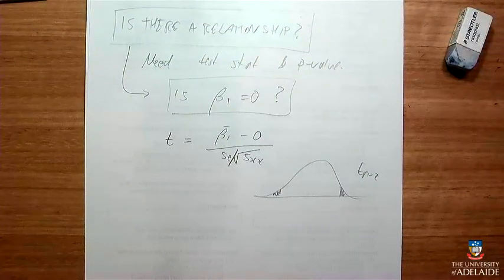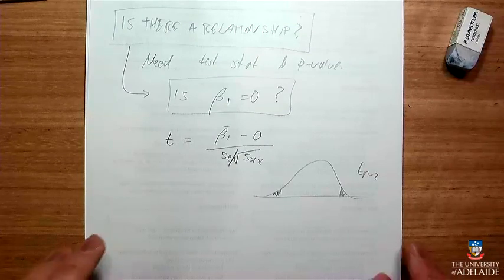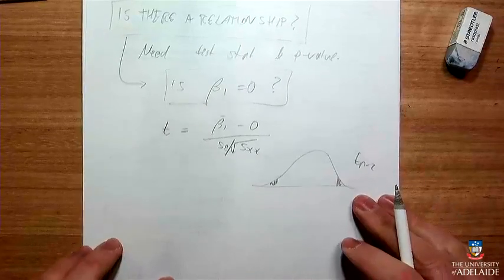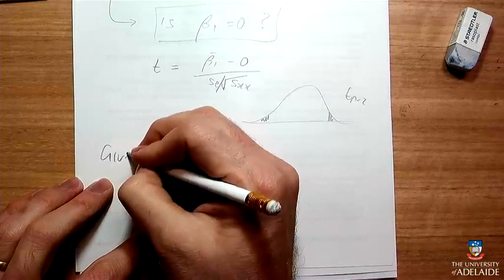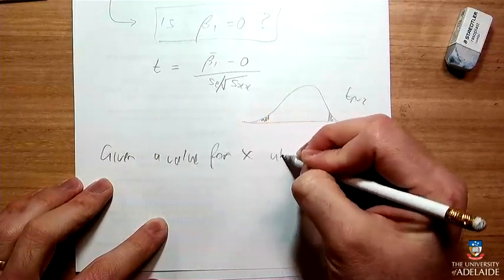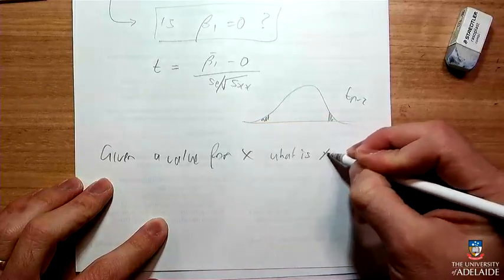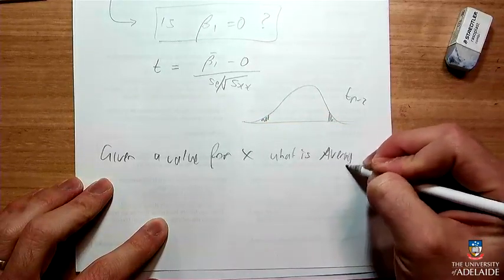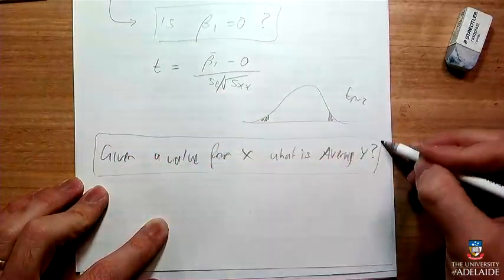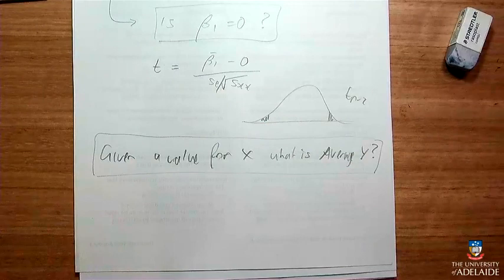The next question is, given this value of the explanatory variable, what is the average outcome? So, given a value for the x, what's the average y? X for explanatory, y because it comes after x.